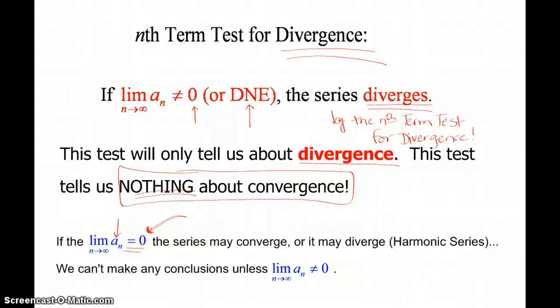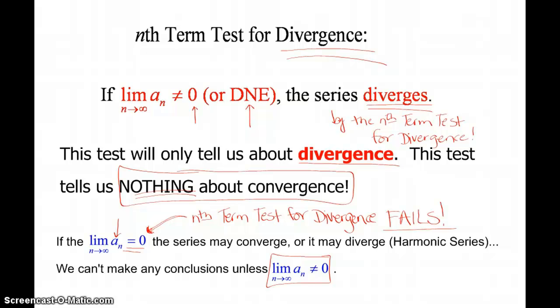If you do that in your head and you don't get 0 for an answer, you get anything besides 0 for an answer, then your series diverges. If you do get 0 for an answer, the nth term test for divergence fails. This test can fail.